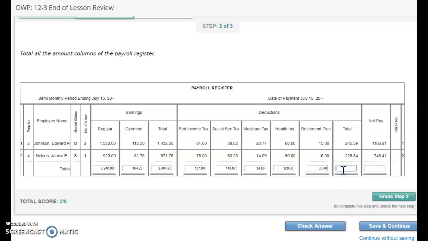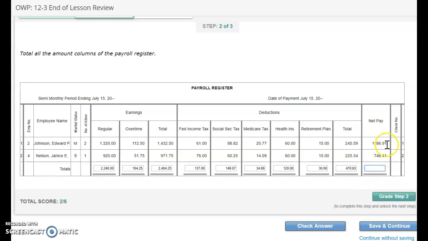And I'll add the totals. Okay, and I'm going to double check again just by adding all the total deductions here and make sure that I get the same number. And I got 470.93 again.